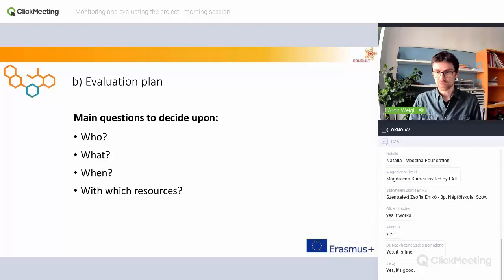When you have that, you have to decide upon who does what, when, and with which resources. Evaluation has to be done then. For example, in an Erasmus Plus project, when the partnership wants to do the evaluation on their own, then you have to decide, okay, who can do that?